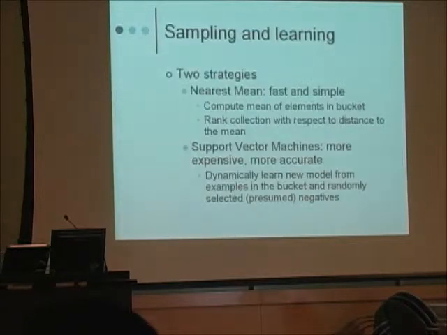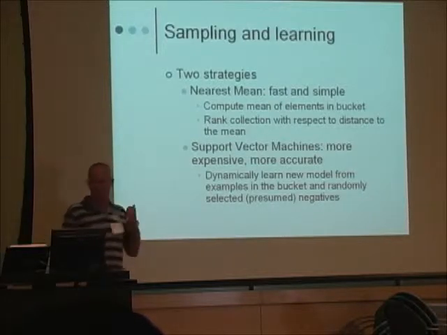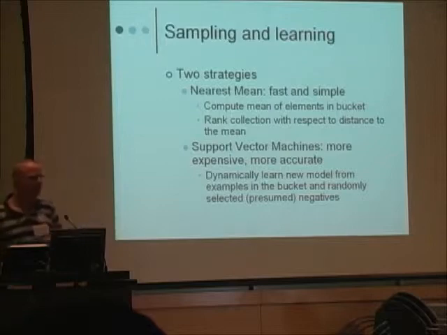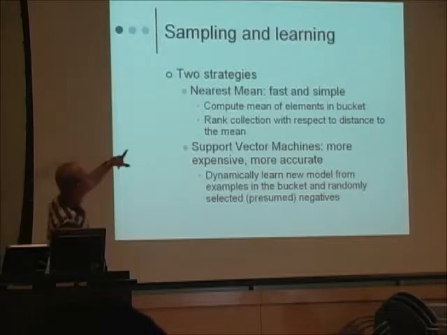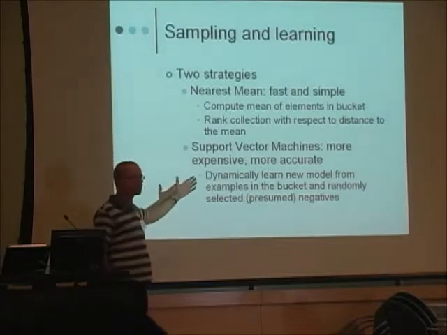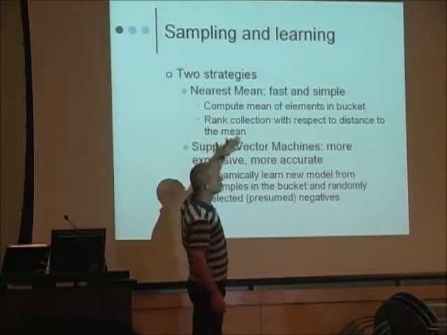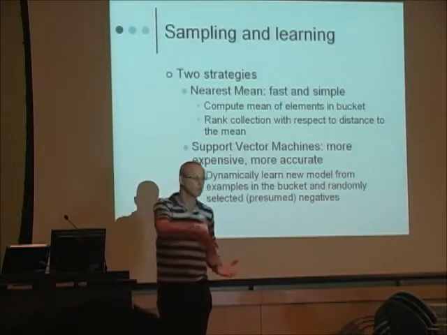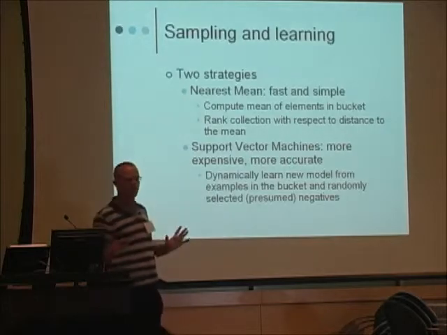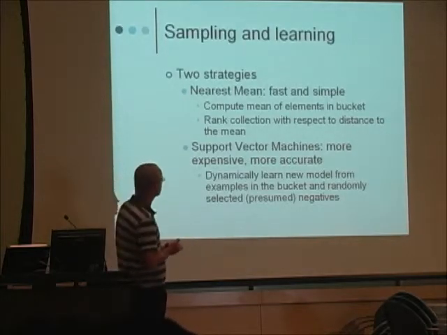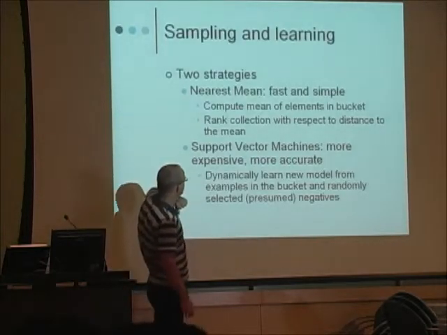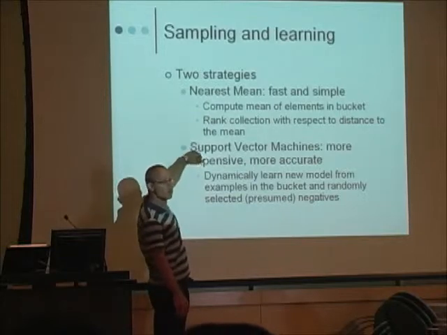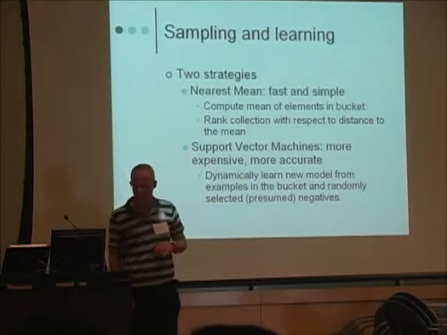So we have 2 strategies there. We use the nearest mean algorithm, which is very fast, very simple, easy to compute. So you just compute the mean of the current elements in the bucket, and you rate the whole collection with respect to distance to this mean. Very simple classifier. You're not looking at negative elements, only at the positive elements. That can be done very quickly. A more advanced method uses support vector machines.